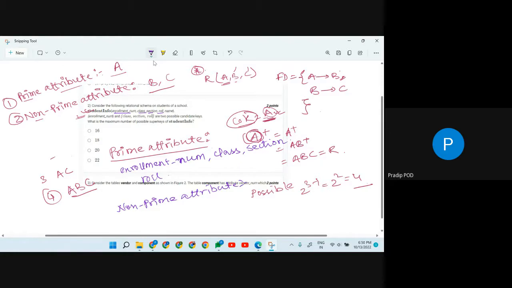So name is your non-prime attribute. Prime and non-prime is clear to everyone, right? We are going to use prime and non-prime attributes in the discussion of normalization. Hope it is clear to everyone.